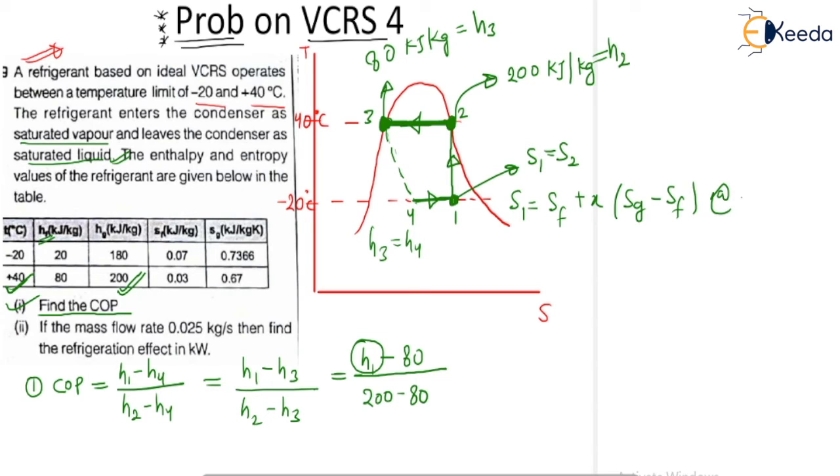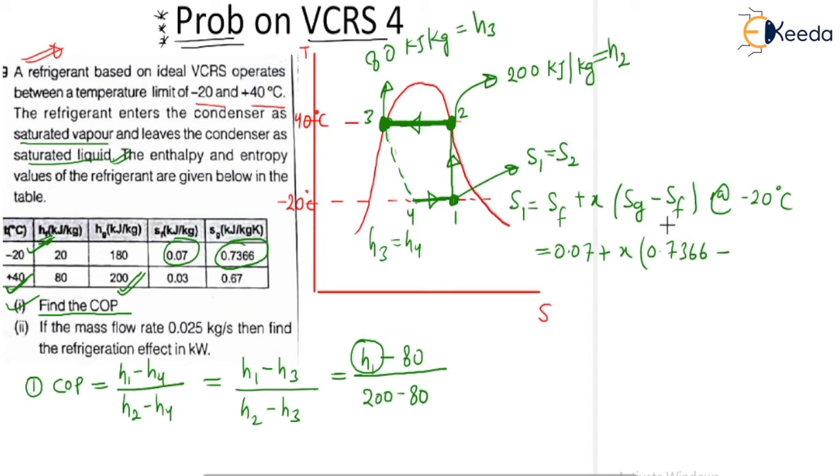At minus 20 degrees temperature. Is it right now? At minus 20 degrees, the value of sf is 0.07, as per given data, 0.007, and the fractional value, that means x, is unknown. And here the sg value at minus 20 degrees is 0.7366.